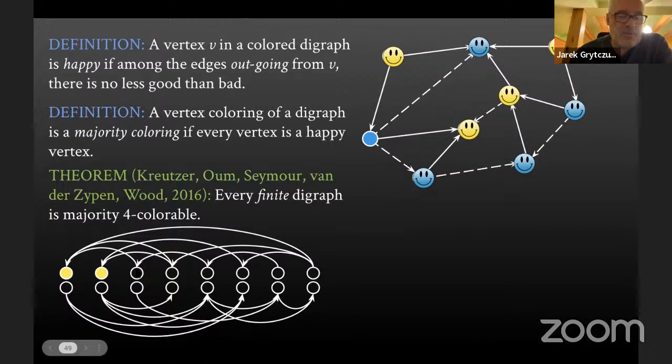Among outgoing edges, there is only one edge to the left, so this vertex must be blue. Because if there is only one out-neighbor, the majority condition demands that these two vertices must be different colors. Here we have two out-neighbors, but both are yellow, so we can put blue.